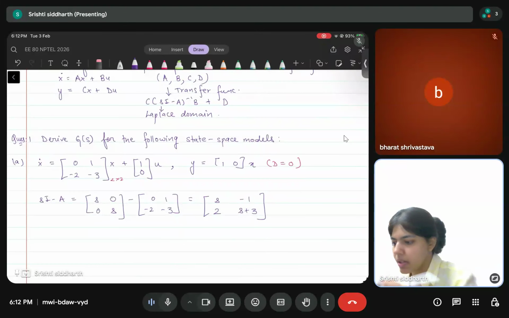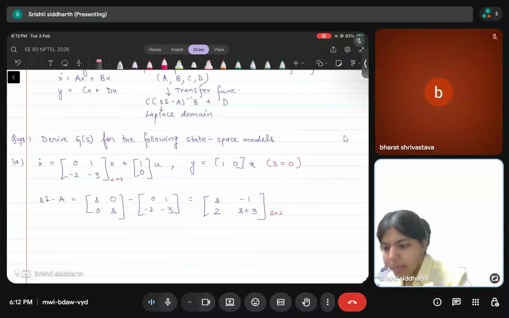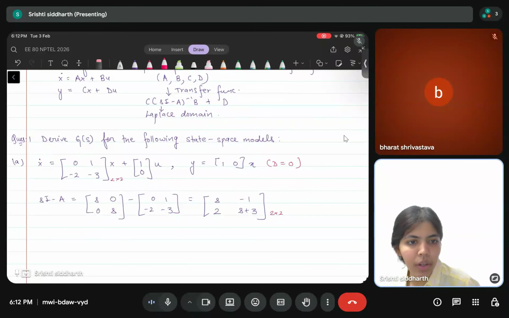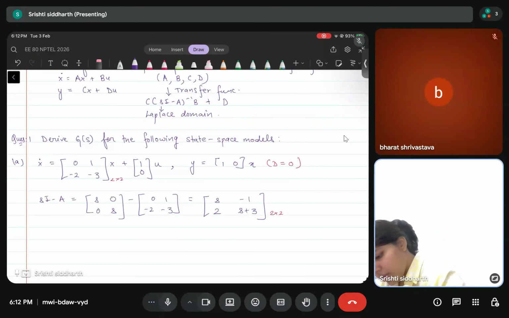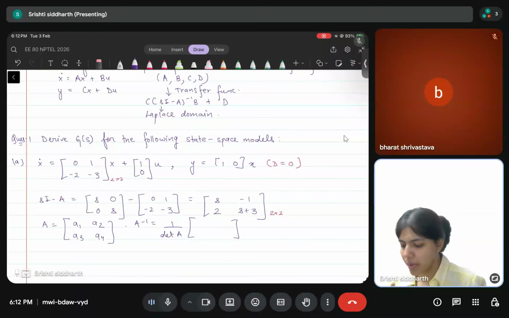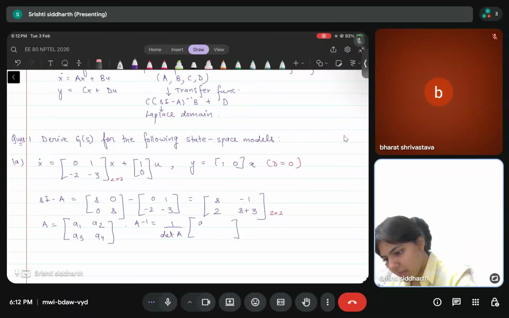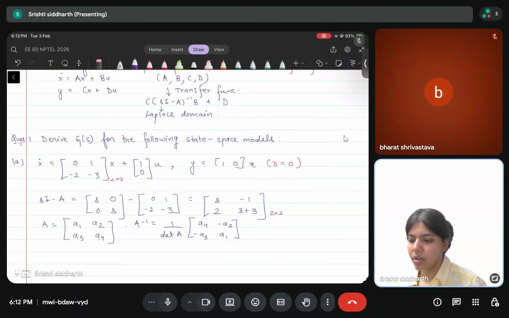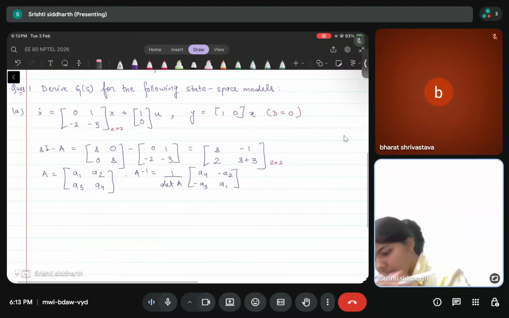Since it's a second order system and we have a 2 by 2 system matrix, it's easy to compute its inverse. For any matrix A with entries A1, A2, A3 and A4, the inverse is given by 1 upon the determinant of A. Then we swap the entries on the main diagonal, so this becomes A4, A1, and multiply by minus 1 on the off-diagonal entries.